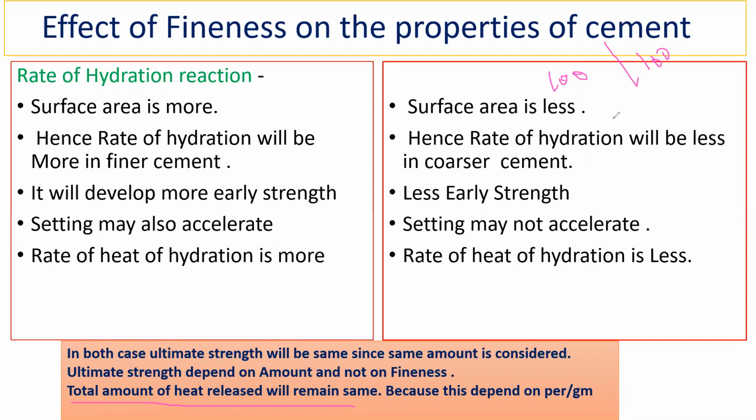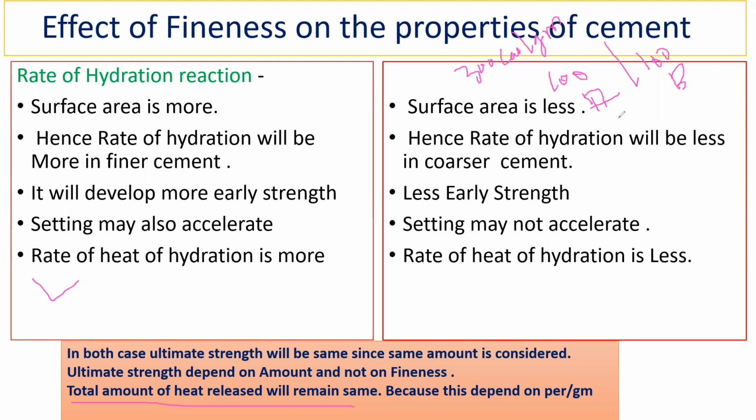But you need to understand one more thing. There is something called rate of heat of hydration. Let us say I have this sample 1. I'll write it here: this is sample A, and this is sample B. In both, the heat of hydration, let us say, is going to be 300 calories per gram. I'll write it this way: 300 calories per gram. This is the heat of hydration.